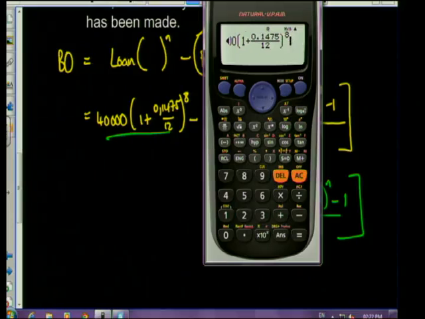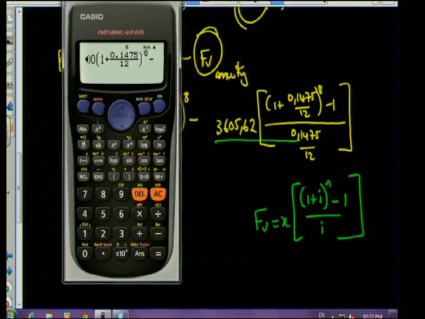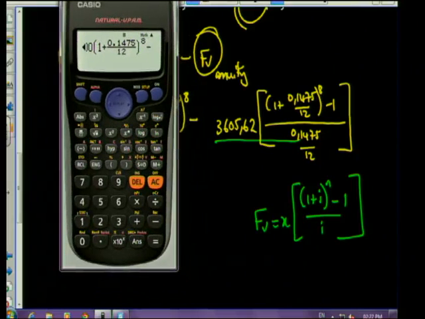And then remember, you were minusing the future value of all those payments. So now I get to the annuity part, and it will be for the same period of time that you've been making all those payments up to the same point. 3605.62.